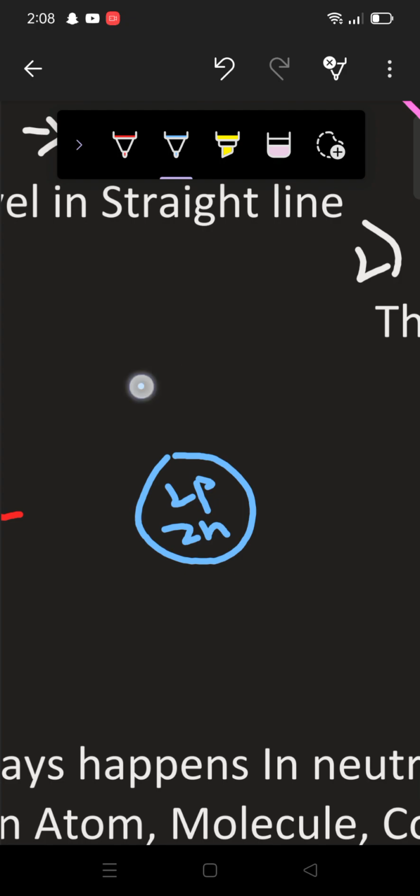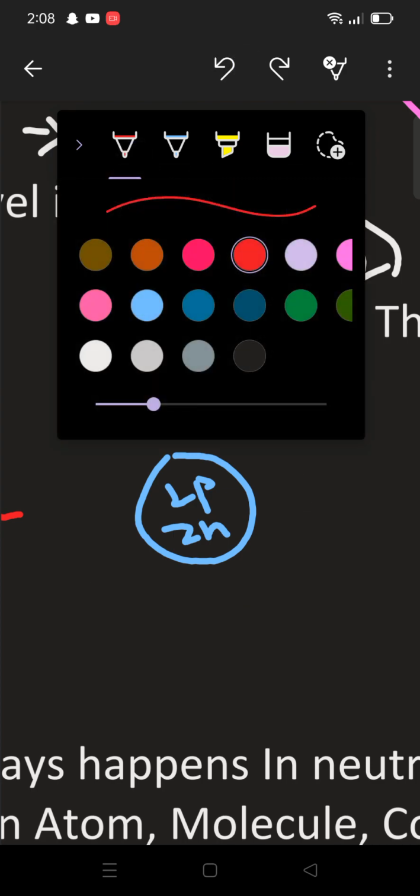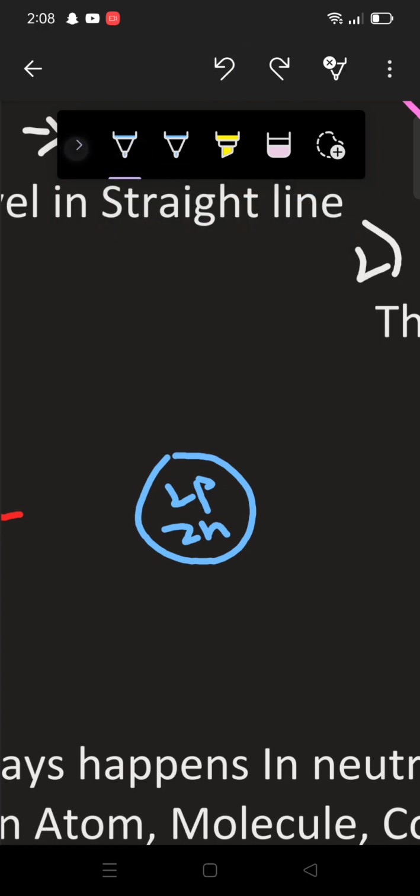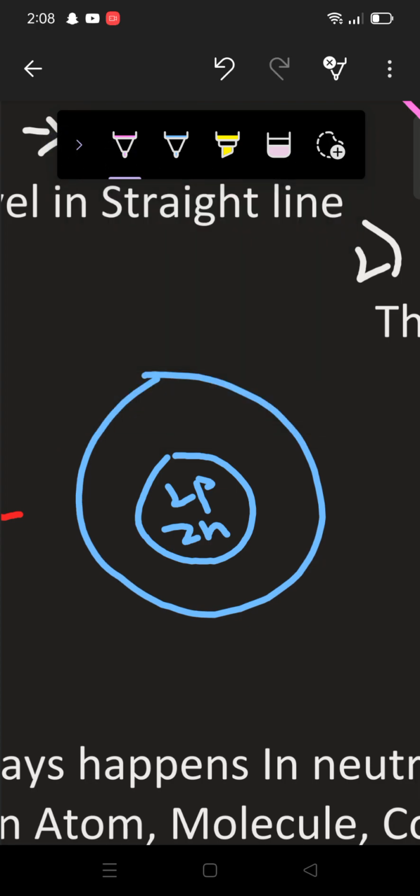And it has 2 electrons as well. Let me make this with white so that it can be easier to understand. Initially, let me make the orbit. Then we have electrons here and here.